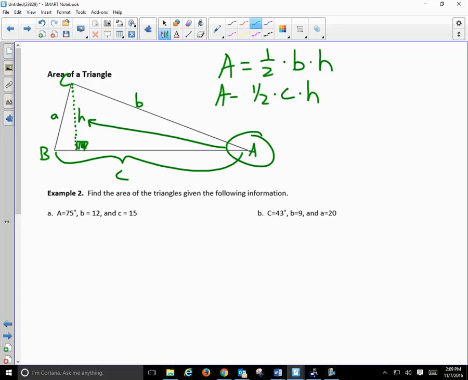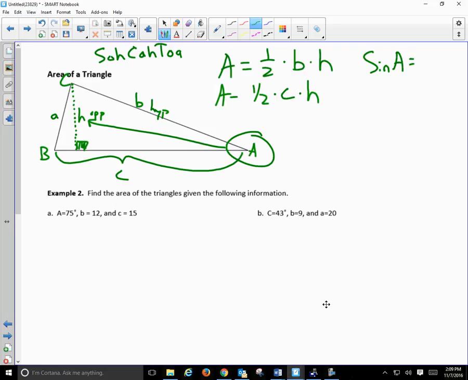And side B, is that the opposite, adjacent, or hypotenuse? It is the hypotenuse. So which trig function, sine, cosine, or tangent, has to do with the opposite and the hypotenuse? Sine.